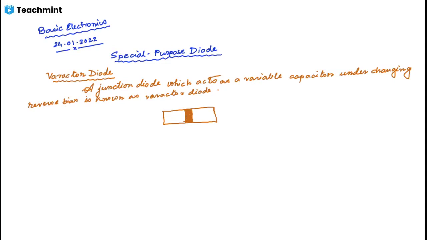So this is the P, this is the N, this is the lead, this is minus, this is the positive lead. This is the depletion region.